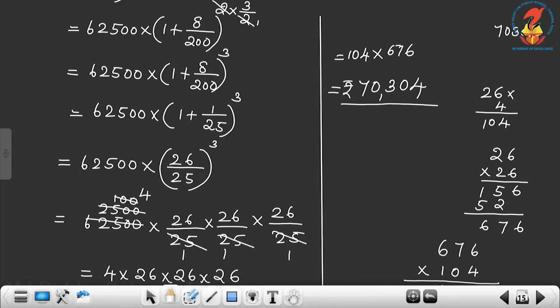So amount at the end of 1.5 years is rupees 70,304.